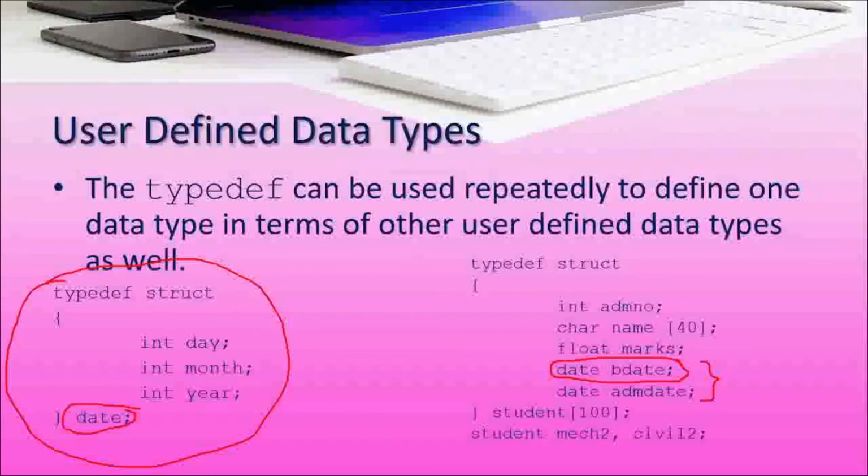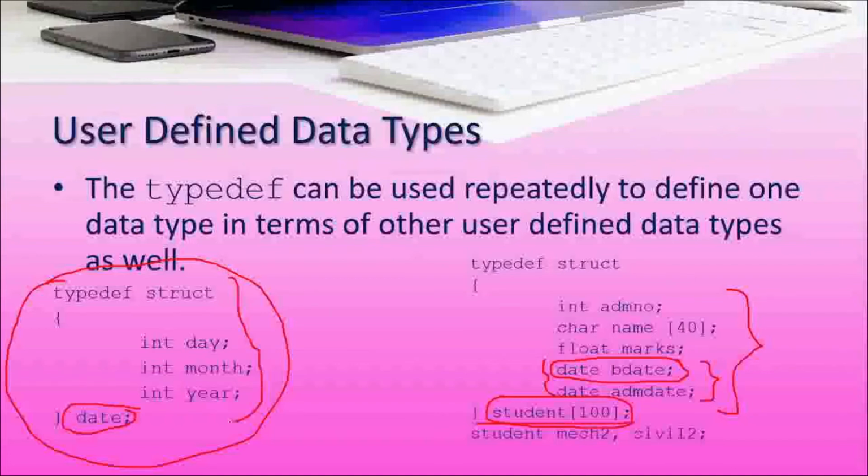Then we create this student 100. This means that the variable student is a 100 element array of structures, and the structure within that array is this one. In this case, these two elements, bdate as well as ADM date, will both be of the Date structure type.